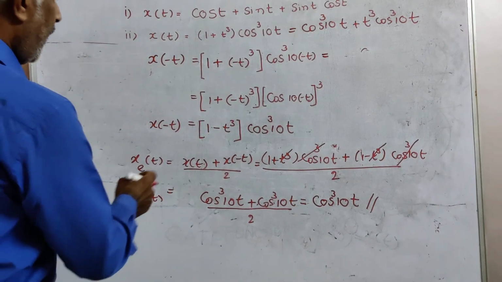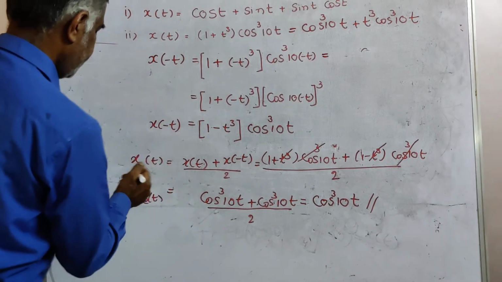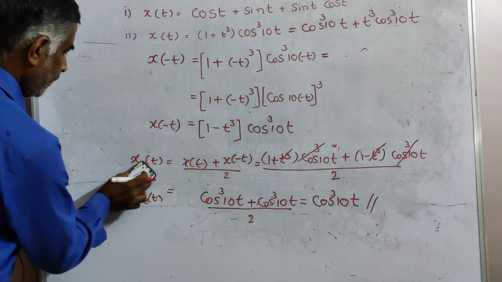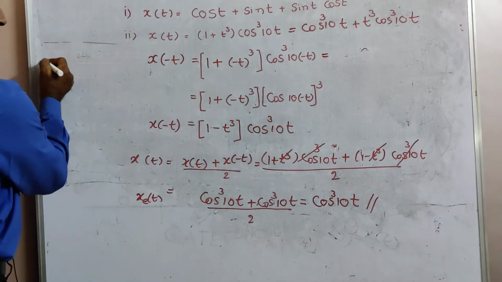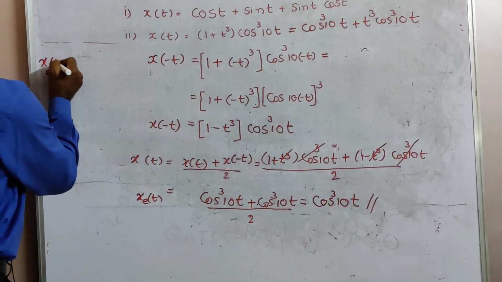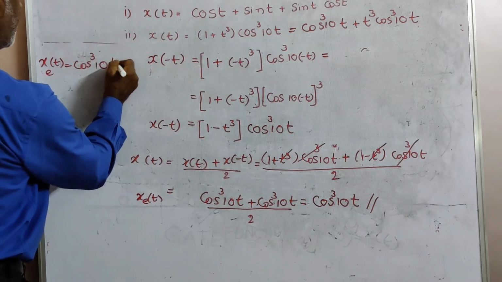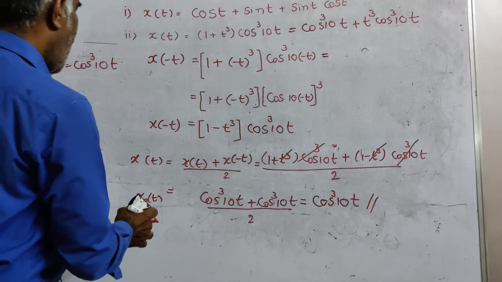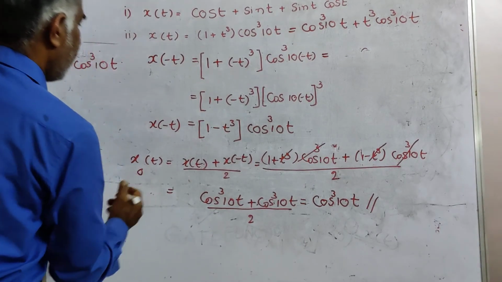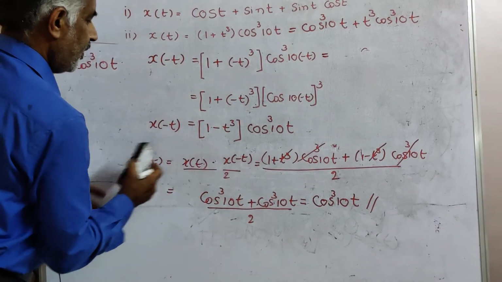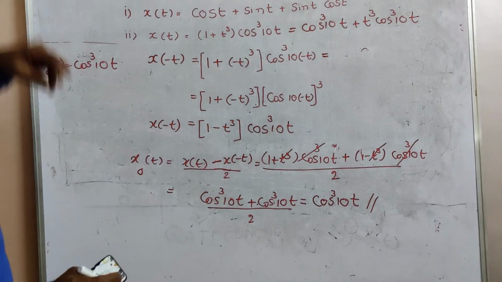For getting the odd part, xo(t) is equal to x(t) minus x(-t) by 2.